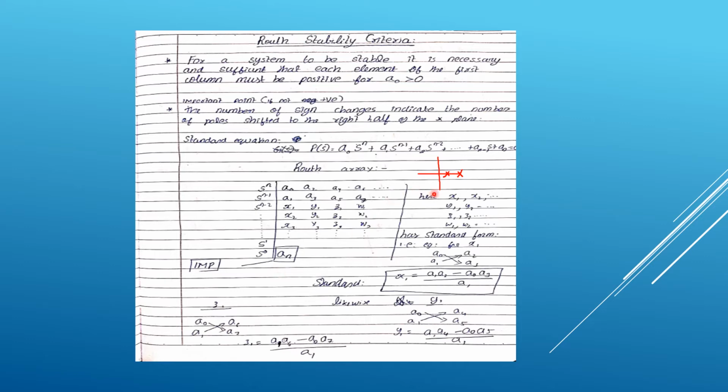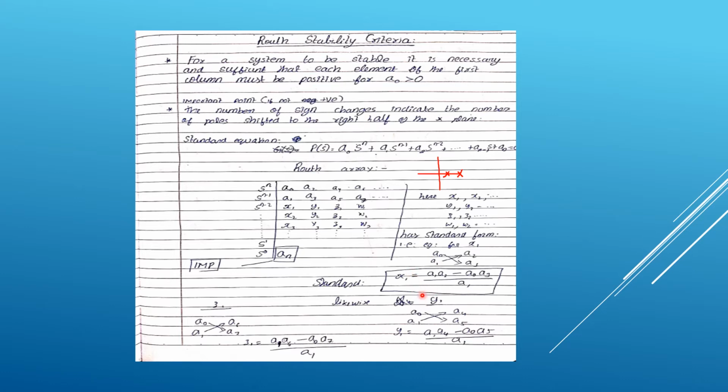Now see how to find the values of x1, y1, z1, etc. For finding x1, we need to take a0, a1, a2, a3. Here a0 into a3 minus a1 into a2, divided by a1, is x1.